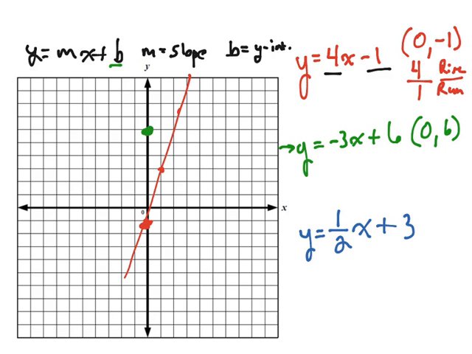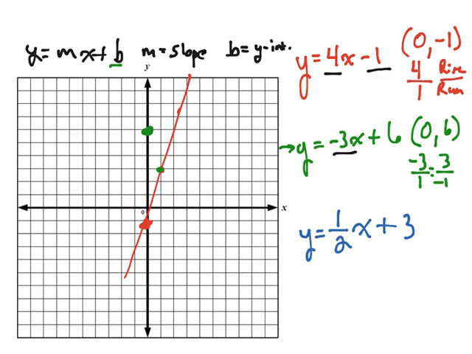Then I look at my -3, and that tells me that my slope is -3 over 1 or 3 over -1. I can use either one of those. It says -3, so I'm going to go down 3, 1, 2, 3, to the right 1, right there.